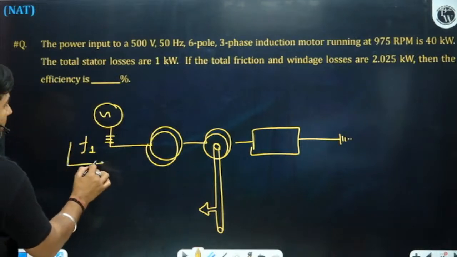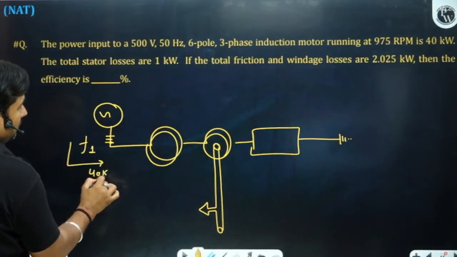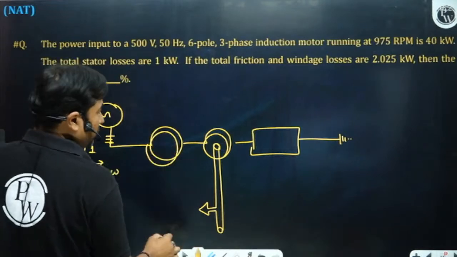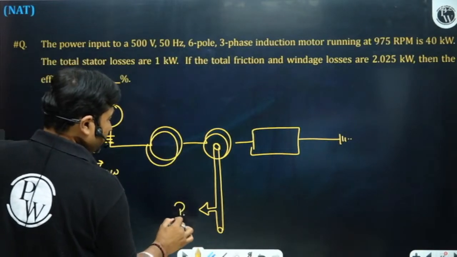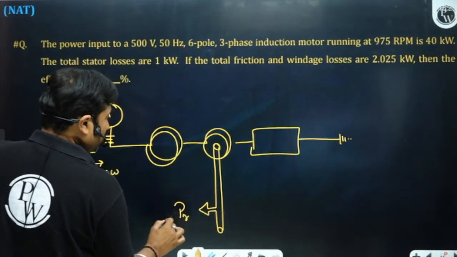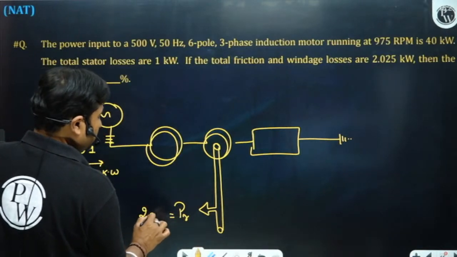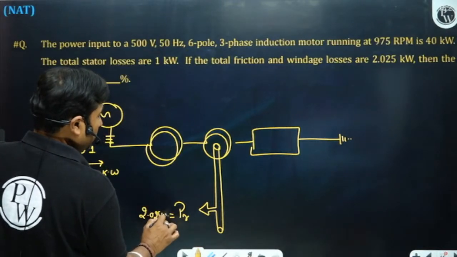Input power to the induction machine is 40 kilowatt. If the total friction and windage losses are 2.5 kilowatt, friction and windage losses is in rotational losses. So friction and windage losses is 2.025 kilowatt.